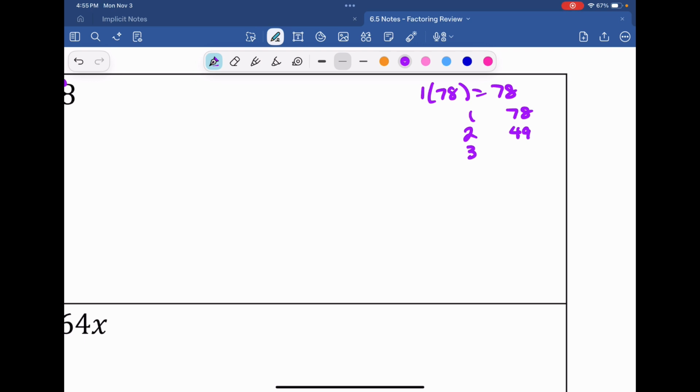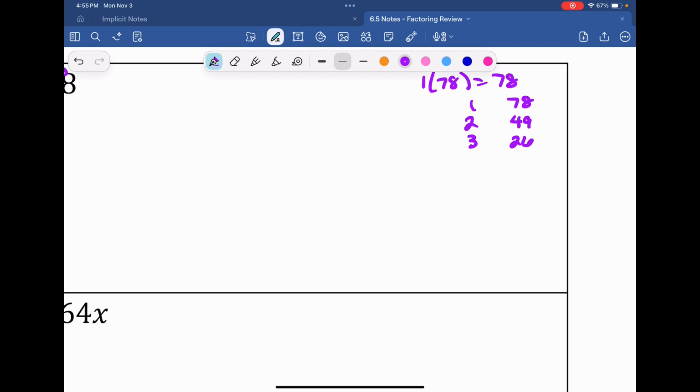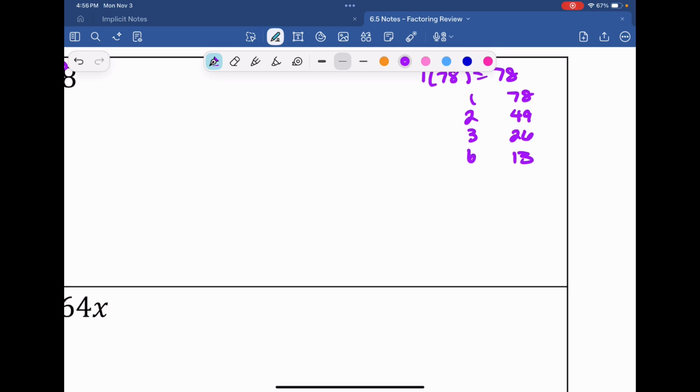Let's see, 78 divided by 3 is 26. 78 divided by 4 is 19.5, so that's not it. Not by 5, so 6. There it is, 6 and 13.